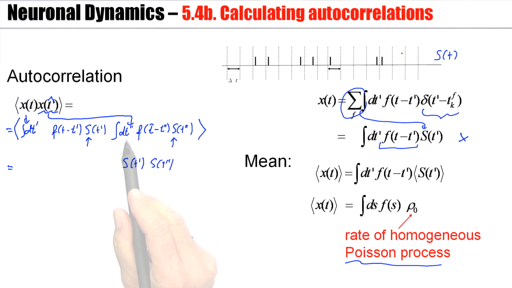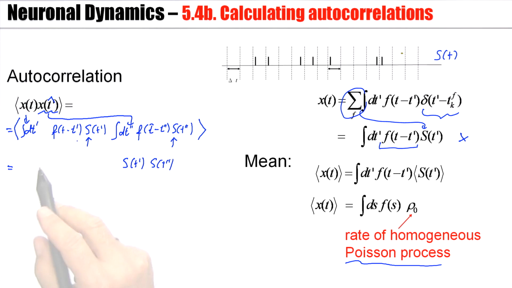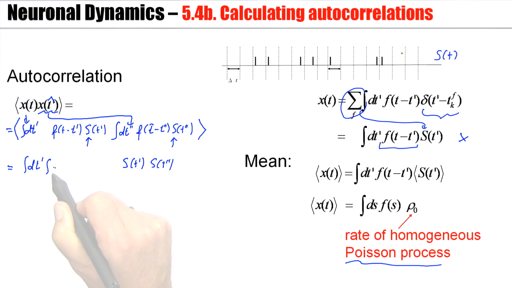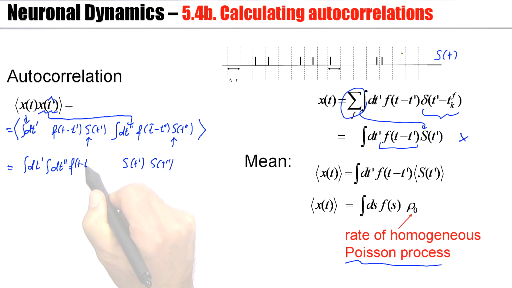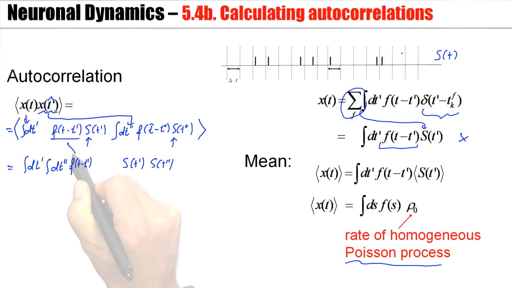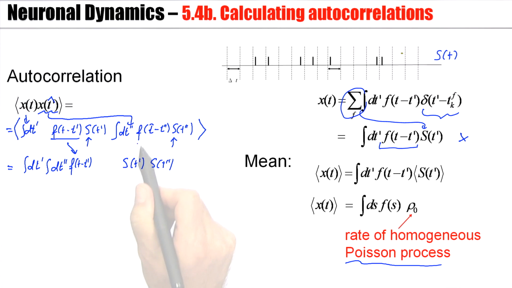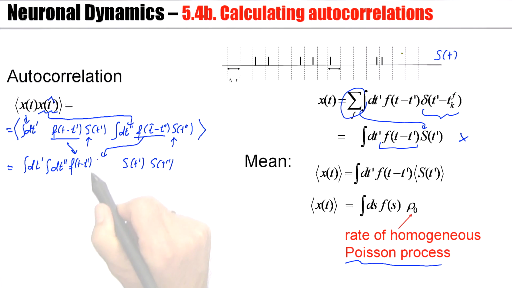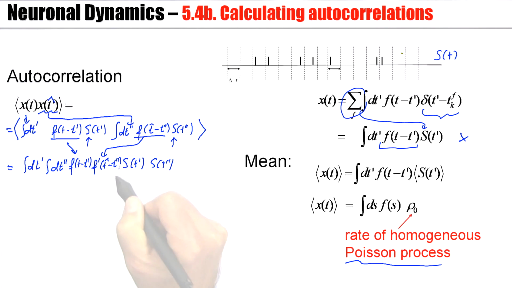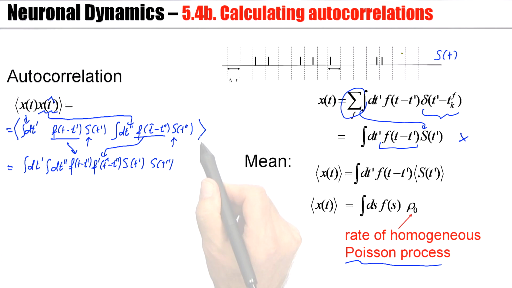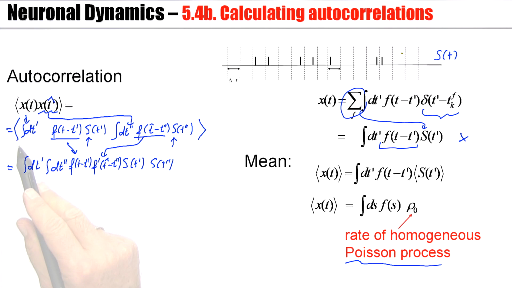Then I have the integration signs, everything is linear. I can pull out the integrals in front, dt prime, dt double prime, and I have f of t minus t prime coming from here. And I have the other filter, t hat minus t double prime. Now what about the expectation signs? The expectation signs can move inside.